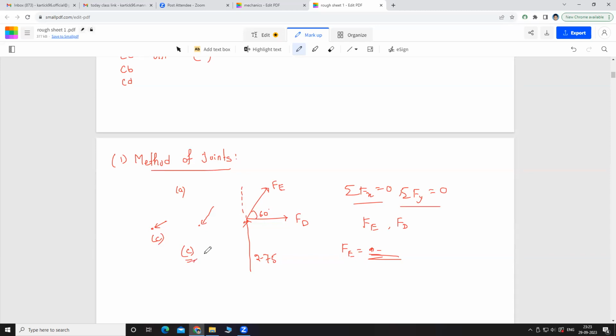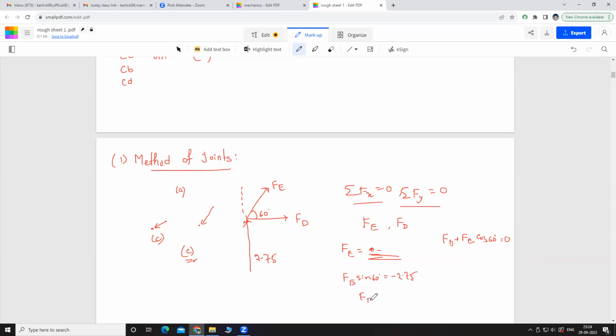As your Fe is negative, if you write the equation of summation of Fx, that will be Fd plus Fe cos 60 degrees equal to 0. And Fe sin 60 degrees minus 2.75 equals 0.